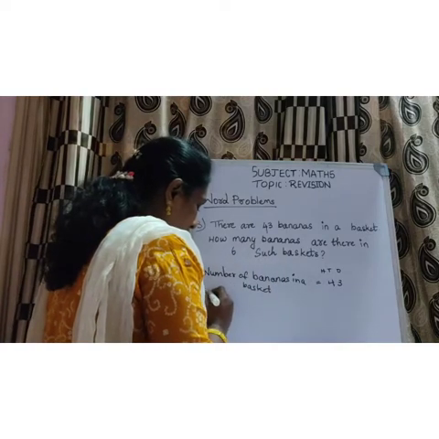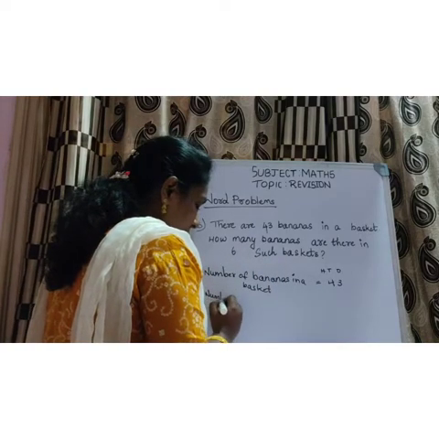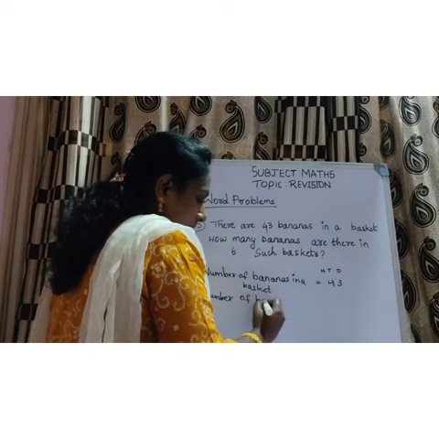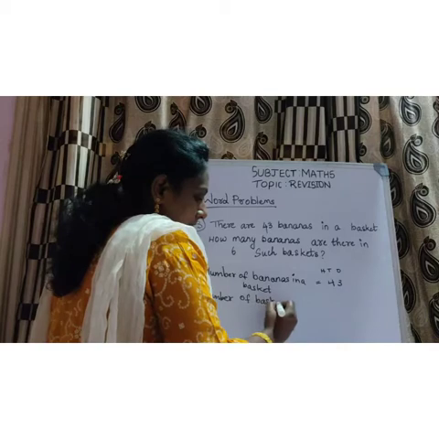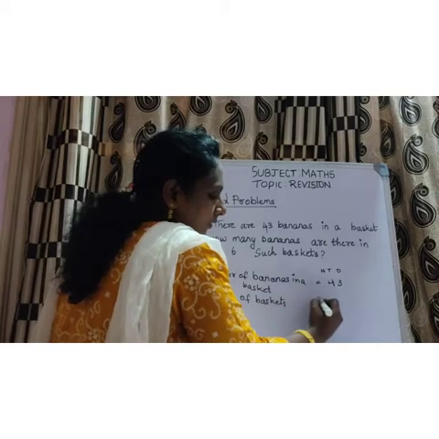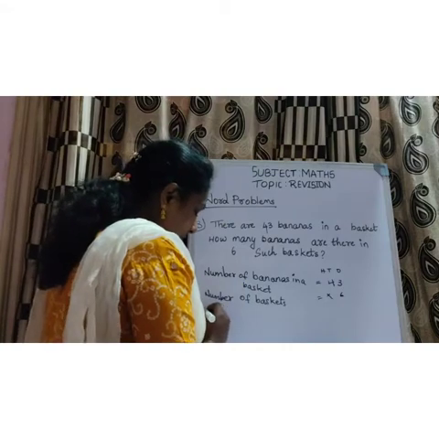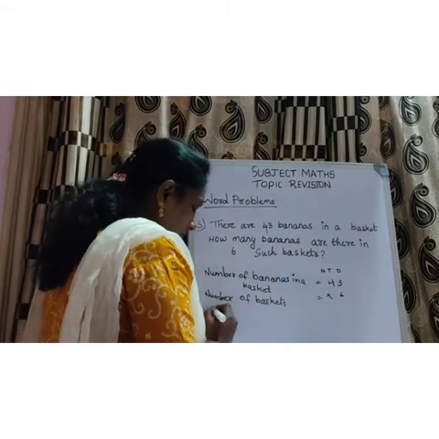So number of baskets equals into 6. Okay, now what you have to find out? You have to find out altogether or total.